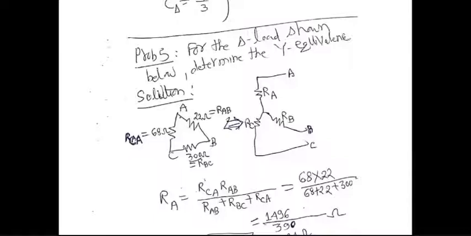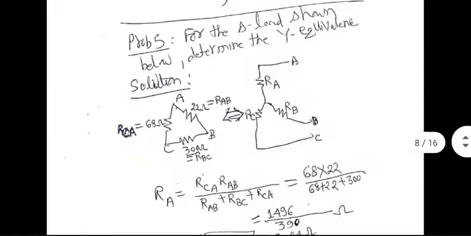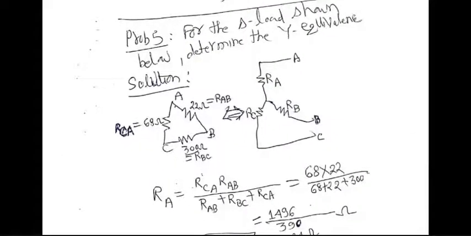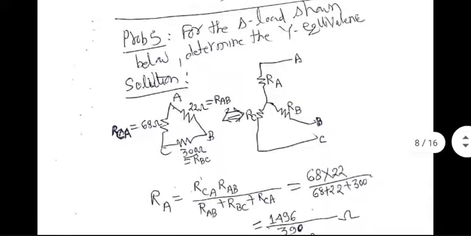So if you go by the notations that I have used, you write RCA as 68 ohm, RAB as 22 ohm, and RBC as the remaining value, 300 ohm. And the formula for RA, I derived ZA in terms of ZAB, ZBC, ZC, but in this case, everything is purely resistive, so I'm using the notation R throughout. Okay, so this is again straightforward application of the formula, but do it right.